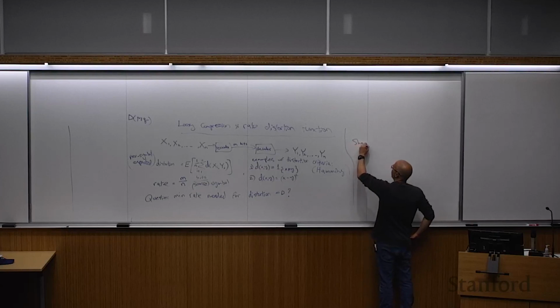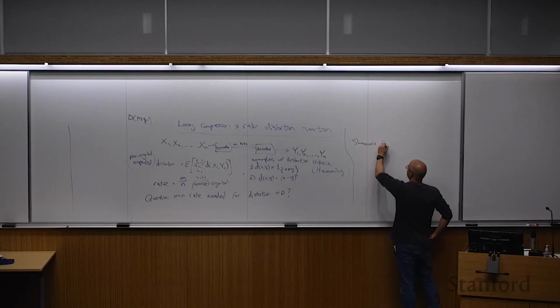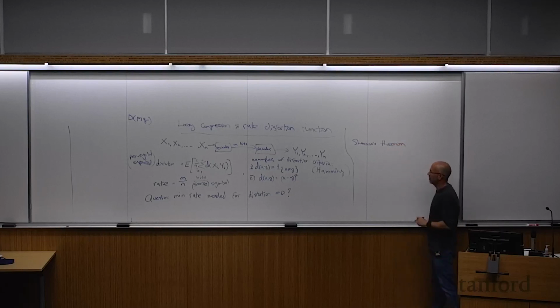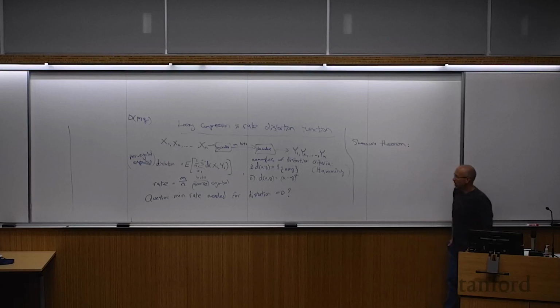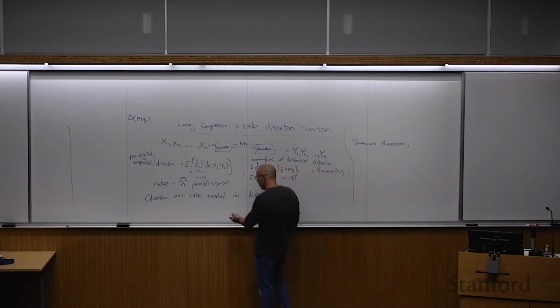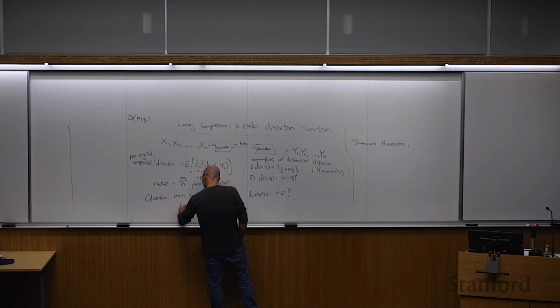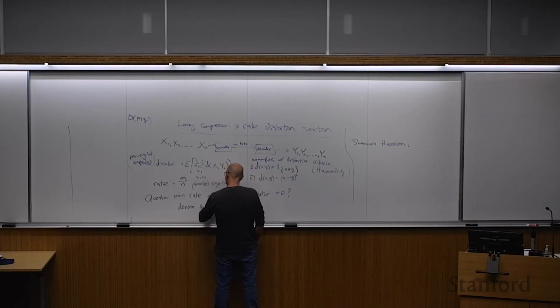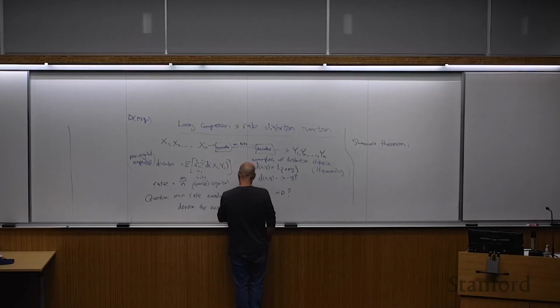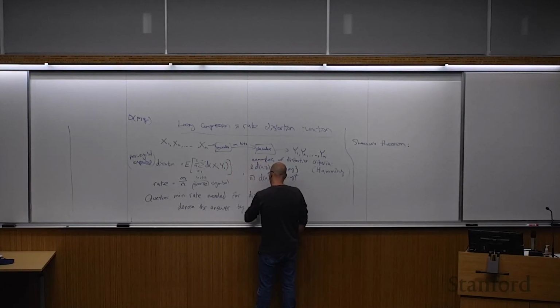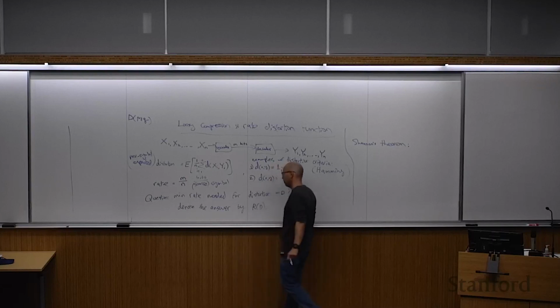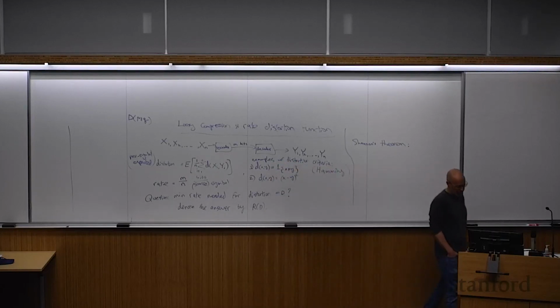So Shannon's theorem in this context, or one of Shannon's theorems, in this context of lossy compression, is that, let me also denote, let's denote the answer by R of D. Okay?